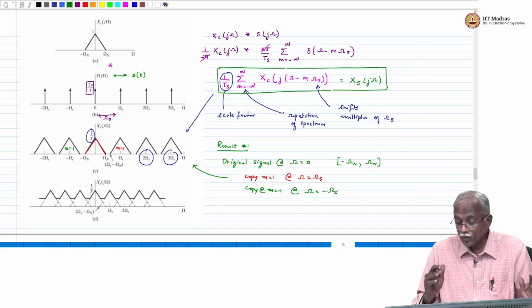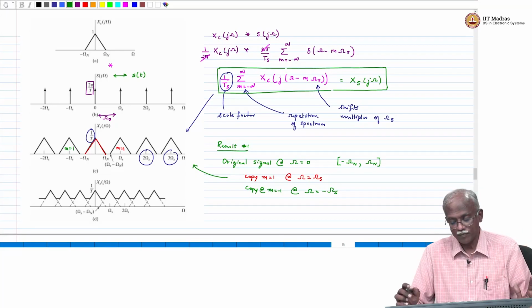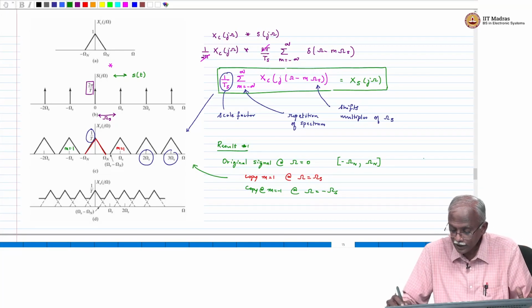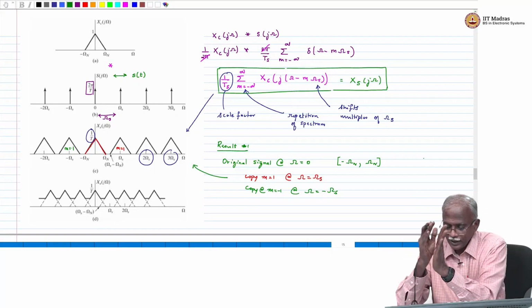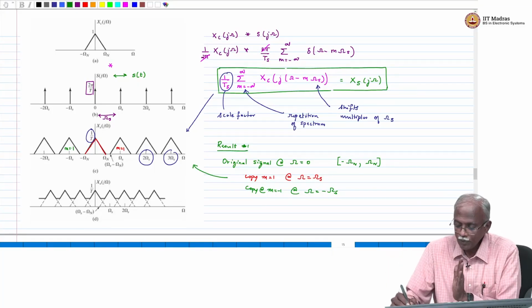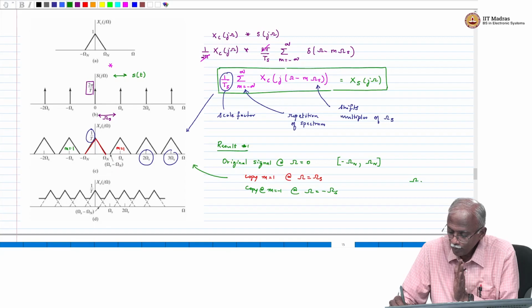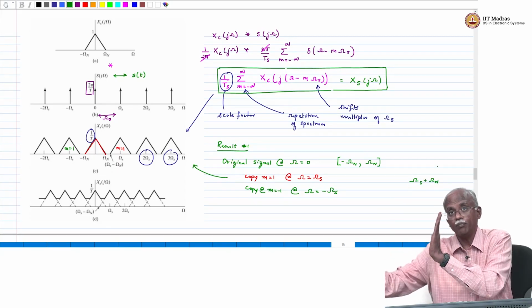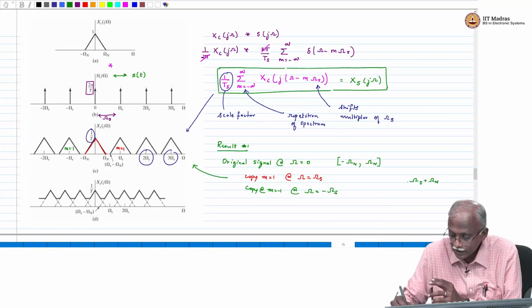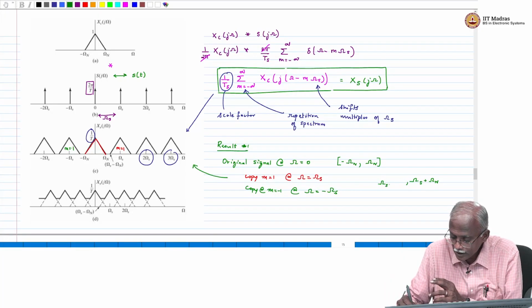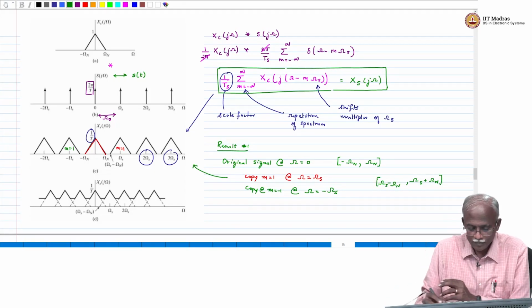Now the first copy is centered around omega s, so the highest frequency component will be omega s plus omega n, the highest positive frequency, and at the other end the frequency will be omega s minus omega n. I hope you are able to see that.